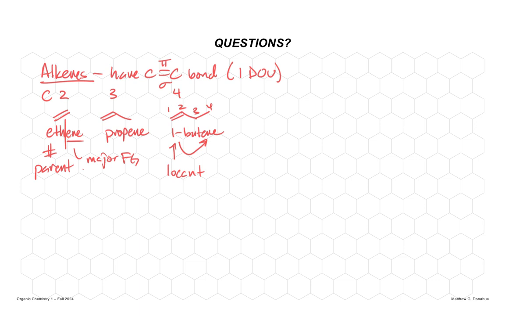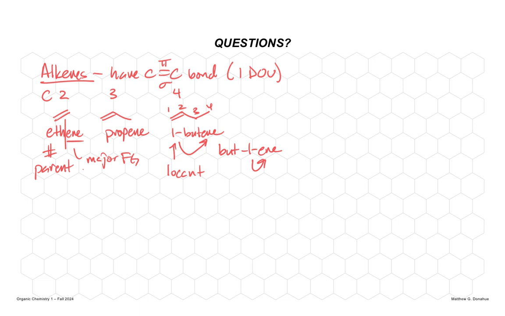Nomenclature is interesting because there's the formal rules, but common uses still are used. This might also be written as BUT-1-ene, and that just moves the number closer to the functional group.